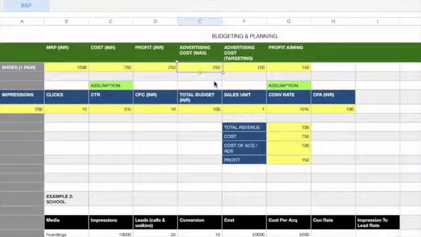Normally, marketing attributes a certain percentage of the profit or a certain percentage of the total MRP or total revenues generated from the sales. It can range from 5 to 6% to about 17, 18 odd percent.